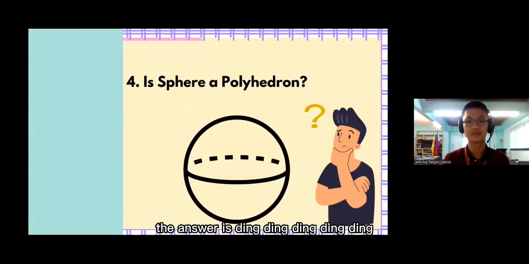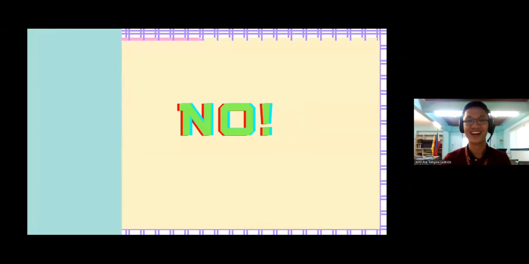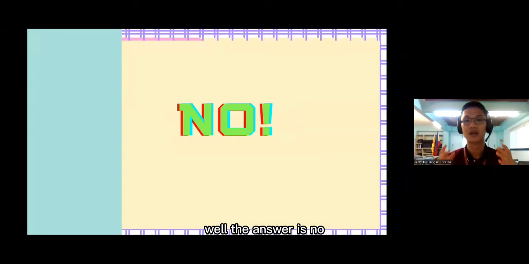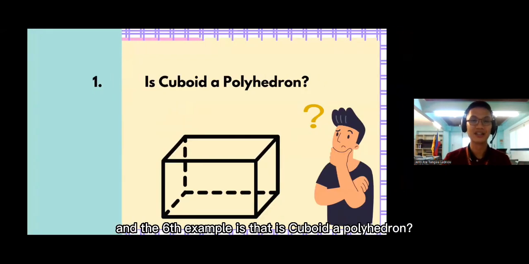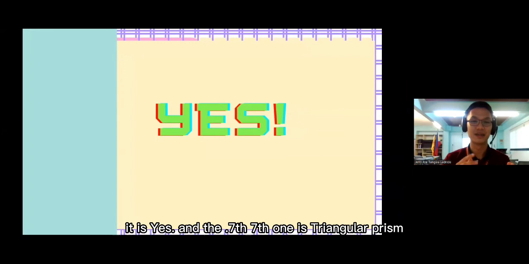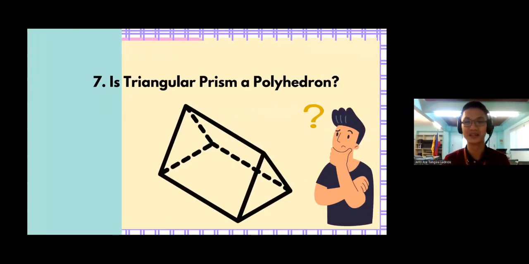The answer is no. Number 5, is circle a polyhedron? Well, the answer is no. And the 6th example is, is cuboid a polyhedron? What do you think? It is yes. And the seventh one, is triangular prism a polyhedron?